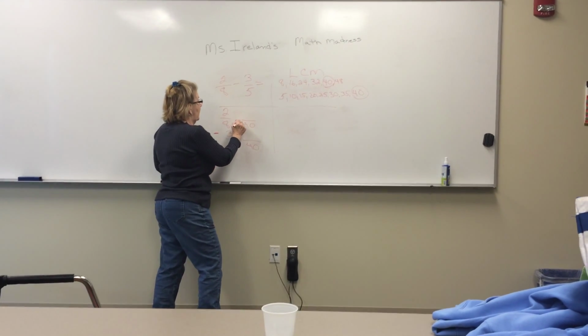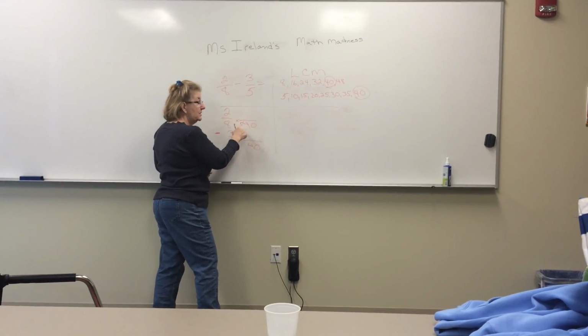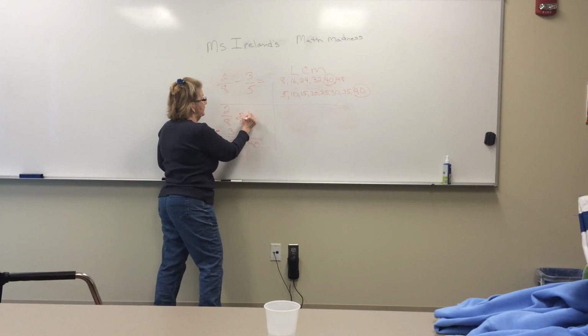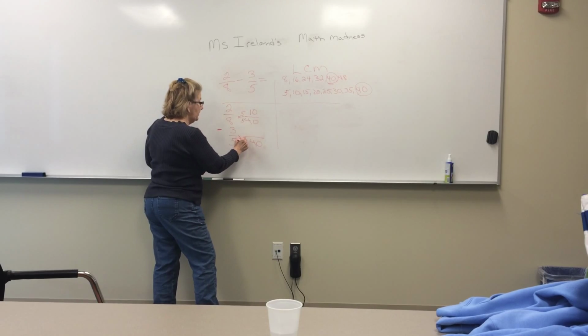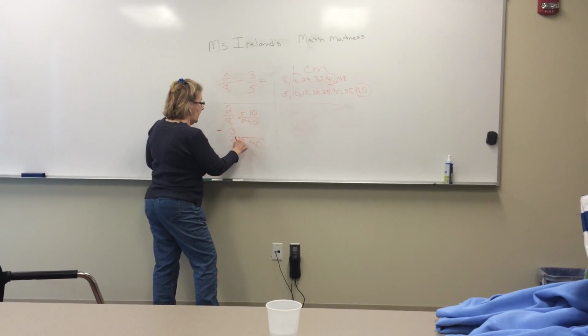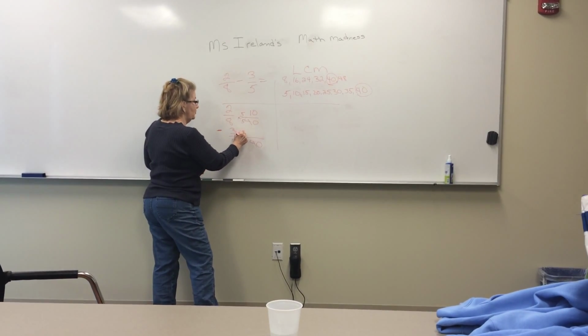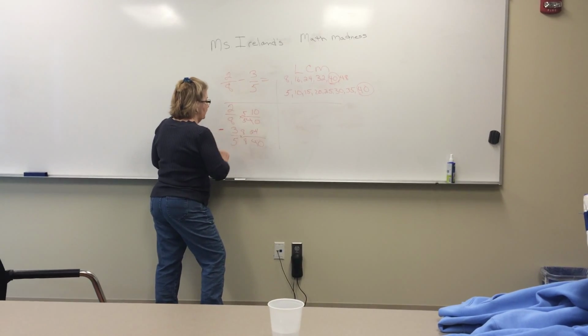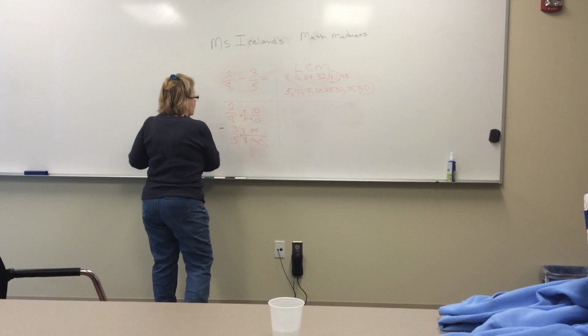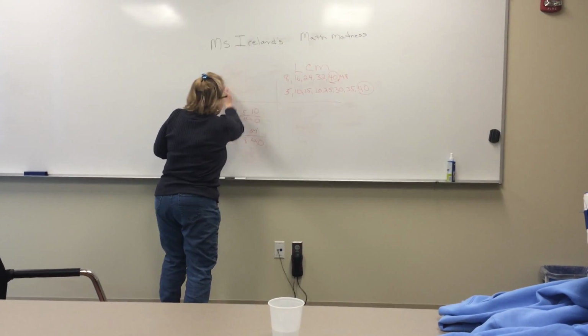We multiplied it by 5. And again, what we do to the bottom, we also do to the top. So it's going to be 10 over 40. Same thing. What did we do here? We multiplied the 5 by 8. So what we do to the bottom, again, we do to the top. So we get 24.